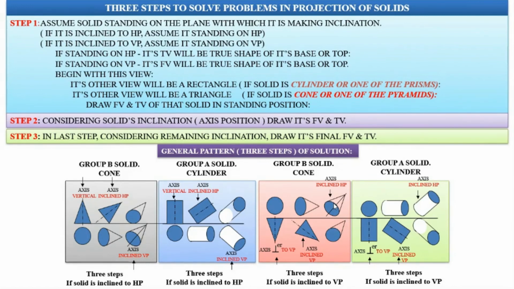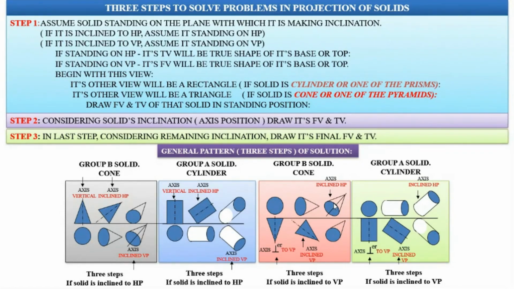If the object is standing on HP, its top view will be the true shape of its base or top. If it is standing on VP, its front view will be the true shape of its base or top.